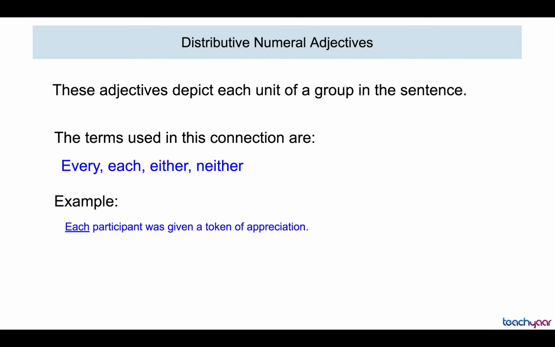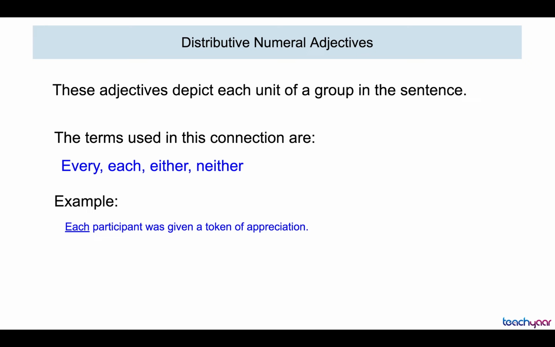Each participant was given a token of appreciation. Each participant. So obviously there is some competition, some function, and there were many participants. Now what are we talking about? We are talking about each one. So each participant. So each is a distributive numeral adjective.